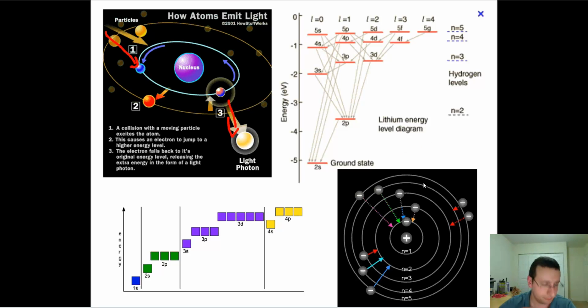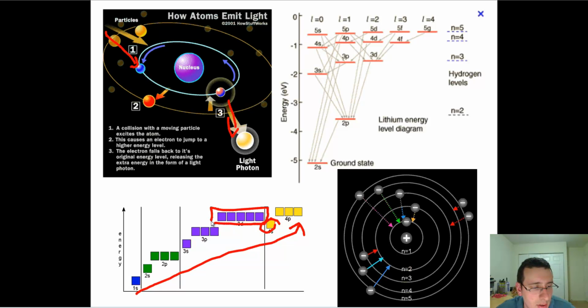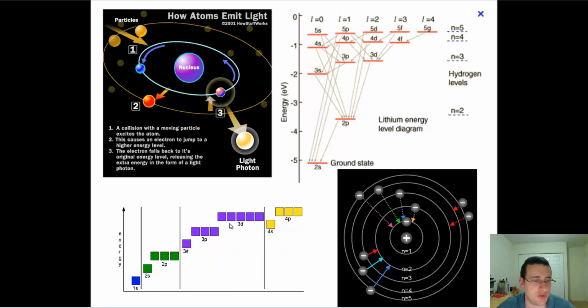Now remember that if you actually look at the energy levels of the atom, the way it works is that as you go higher and higher, the energy amount will increase more and more. But remember that sometimes the 4s layer of the next shell is actually lower in energy than the higher subshell of the previous shell.